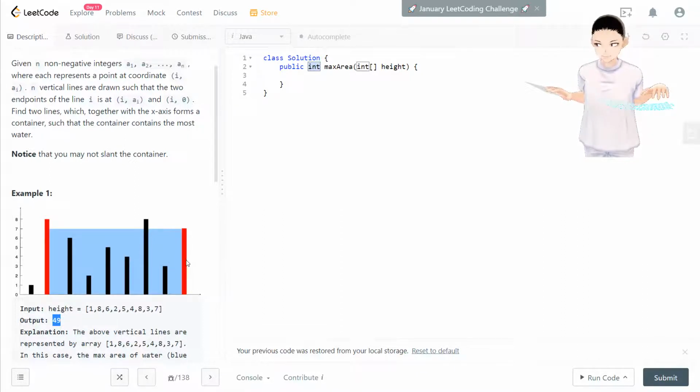Now you see here, for the right max, there's no need to move to this one. They're looking for something that's higher than the right max. If you move to a lower one, the water they can trap is always much smaller. So they're looking for something higher.